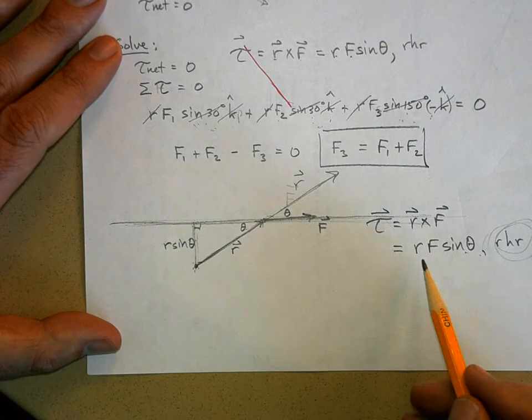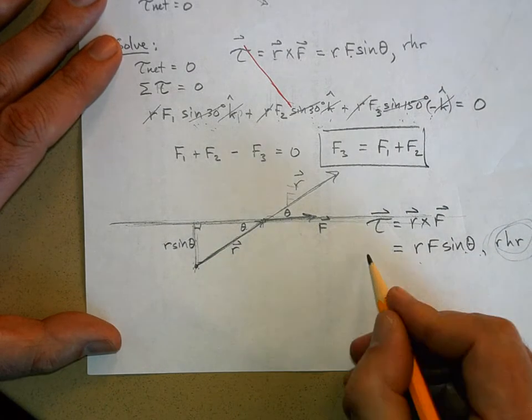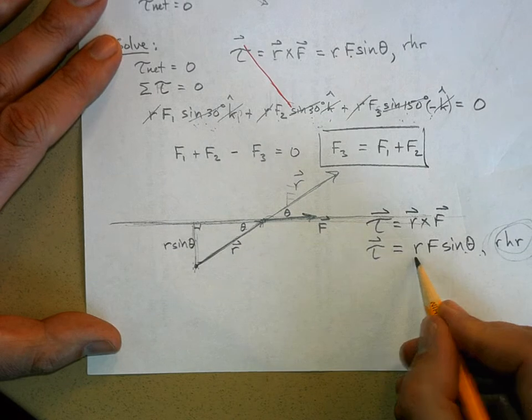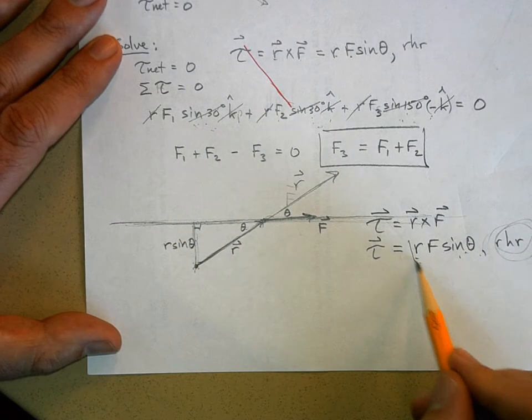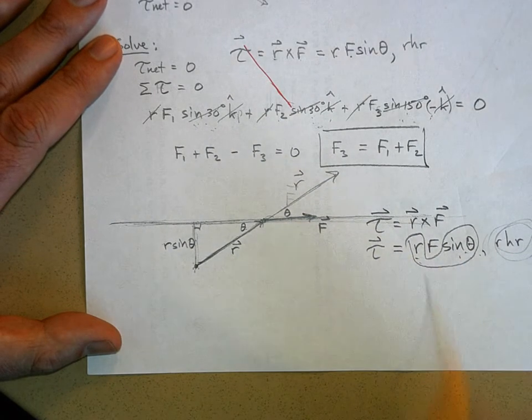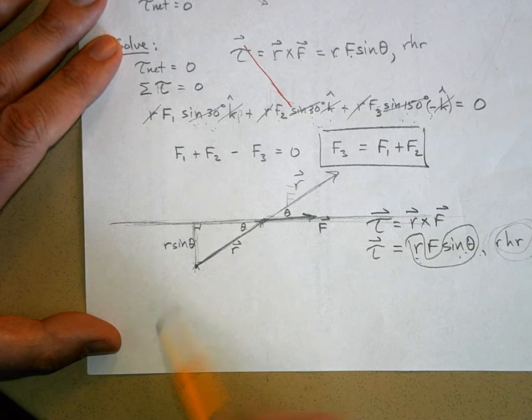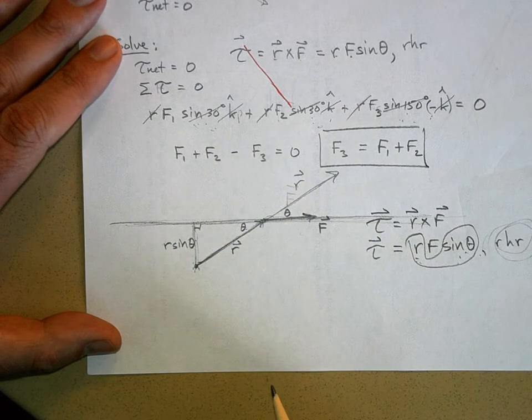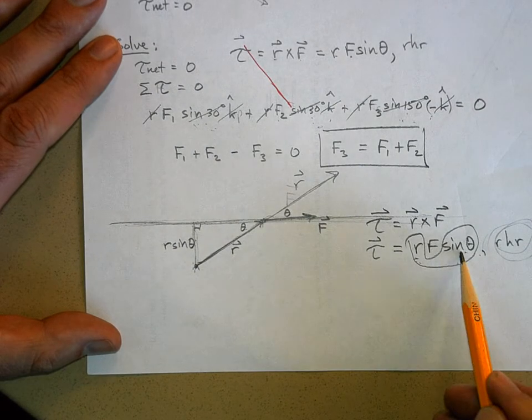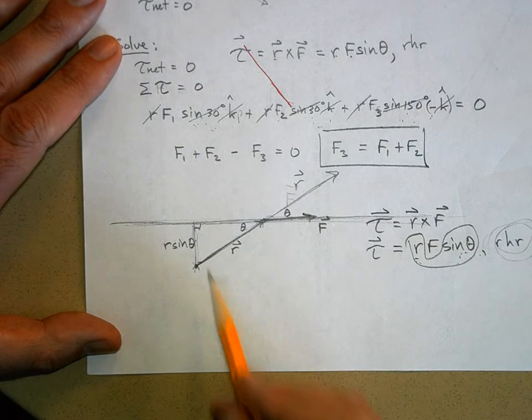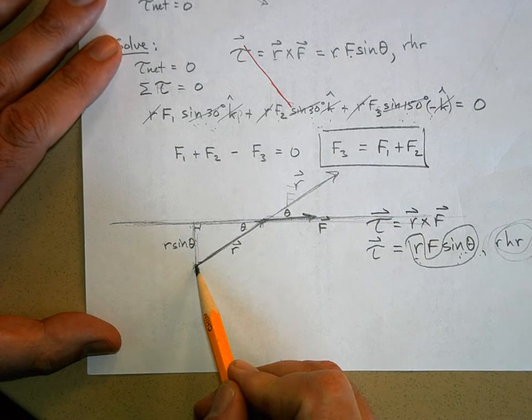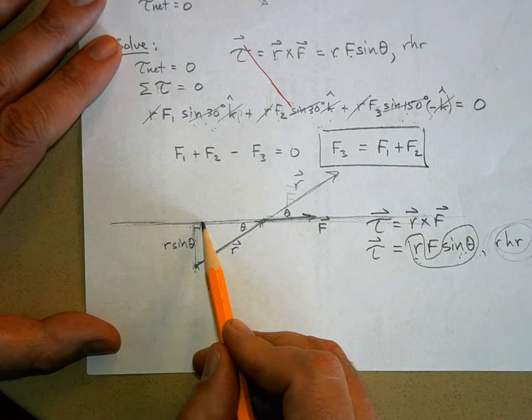Well, look what I've got in my torque equation. I've got an r sine theta. So when you go r sine theta, what you get is the closest perpendicular distance that the force can be if it's along this line.